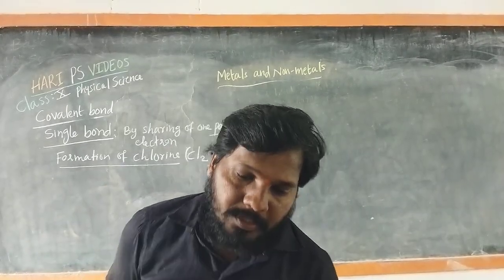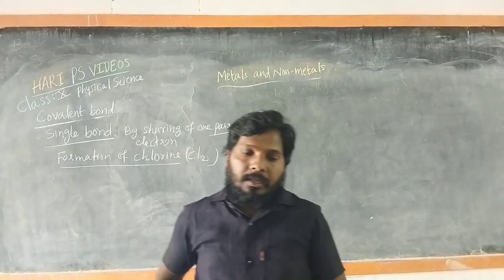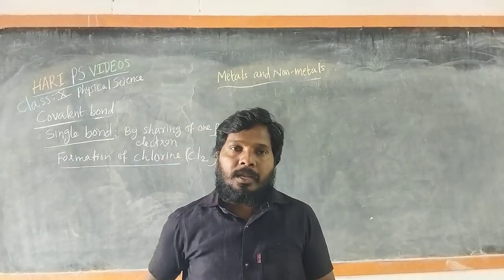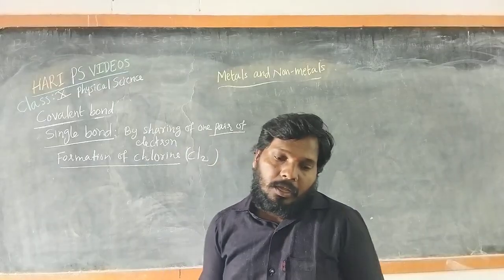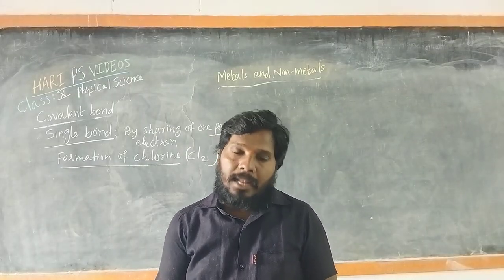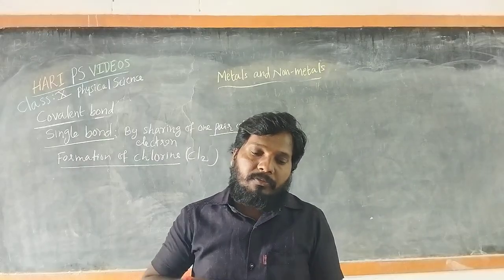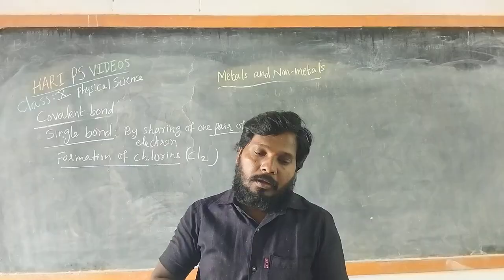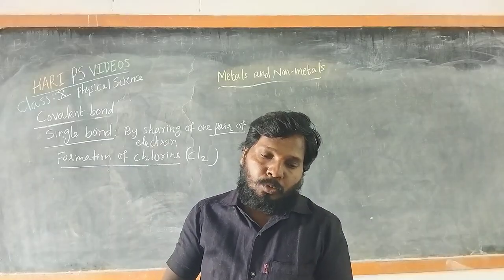A chlorine atom is very reactive and cannot exist free because it does not have the stable electronic configuration of an inert gas. Chlorine gas therefore does not consist of single atoms. It consists of the more stable chlorine molecule.